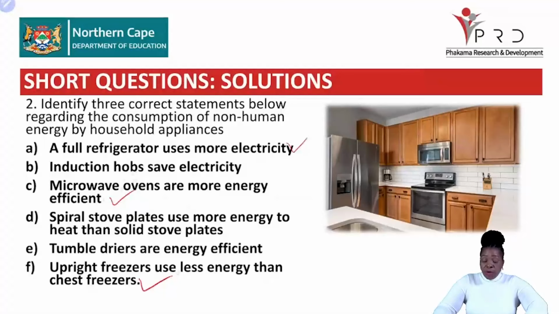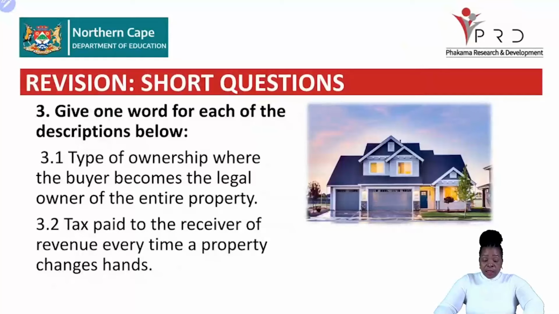We move on with our questions, still on short questions. Our number 3 says, give one word for each of the descriptions below. The description reads, the type of ownership where the buyer becomes the legal owner of the entire property.